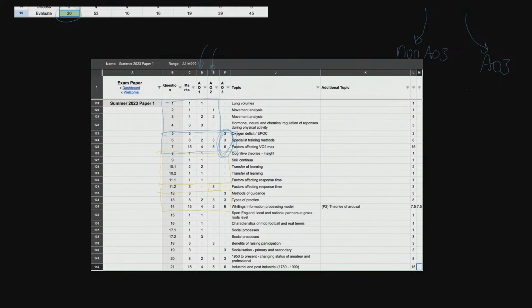Same when I get down to this here. I've got my marks coming from AO1 and AO2, and then predominantly from AO3 with some AO1 and AO2 included. So it gives me 2 regimes of assessment that I'm going to be working on with these kids.